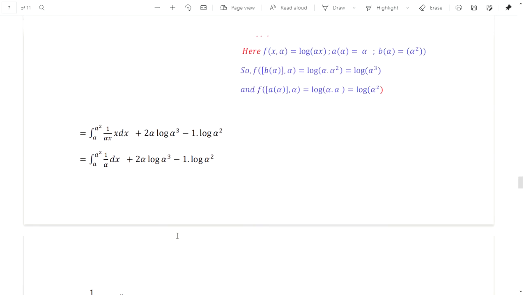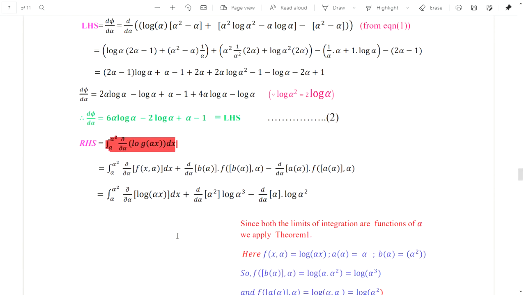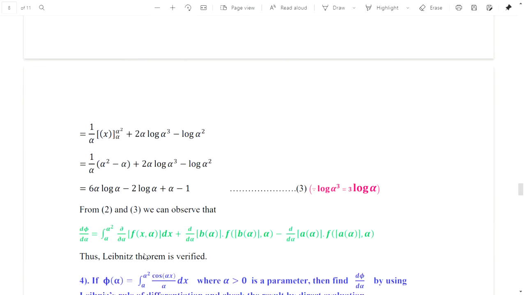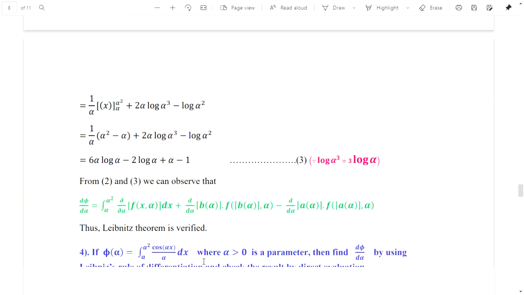Now the LHS value also we got the same, 6 alpha log alpha minus 2 log alpha plus alpha minus 1. Even the RHS value also we got the same, 6 alpha log alpha minus 2 log alpha plus alpha minus 1. Therefore, from 2 and 3, we can say that d phi by d alpha is equal to this whole thing. Thus, Leibniz theorem is verified.